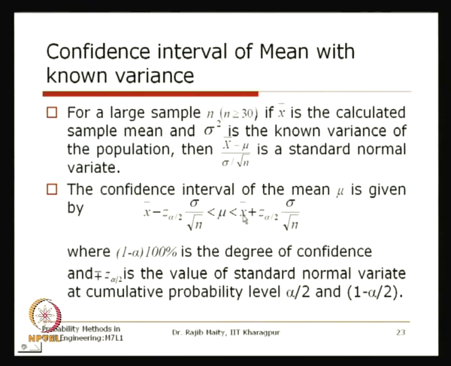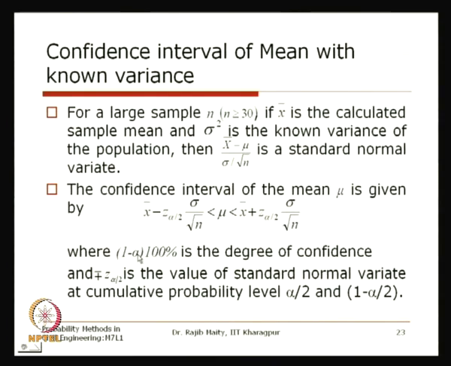You know that for a continuous distribution, less than and less than or equal to are the same, where 1 minus alpha into 100% is the degree of confidence, and minus plus z alpha by 2 is the value of the standard normal variate at the cumulative probability levels alpha by 2 and 1 minus alpha by 2. When you take the minus sign, minus z alpha by 2 is at the probability level alpha by 2.